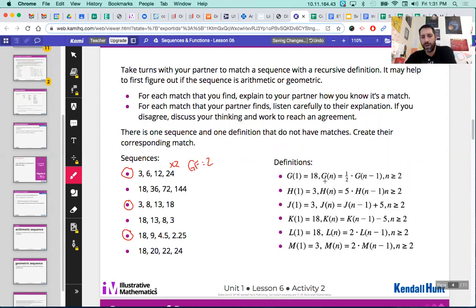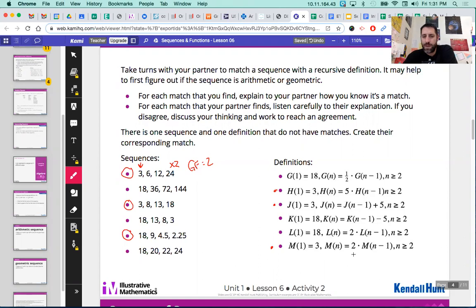Now, if I look through here, there's 2 things I can do. These are in function notation rules here. I know that I'm starting at 3. So which one of these start at 3? Well, there's this one, and this one, all right? So it's one of those 3. I need one that we're multiplying by 2 each time.